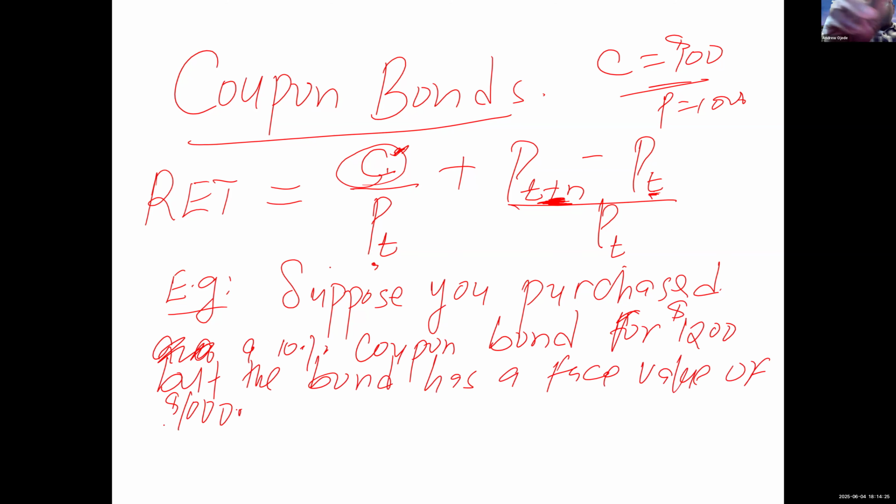It says suppose you purchase a 10%, 10-year bond. Let's put this other word 10-year there. So that means the bond matures in 10 years.